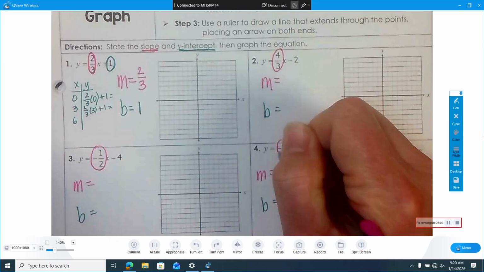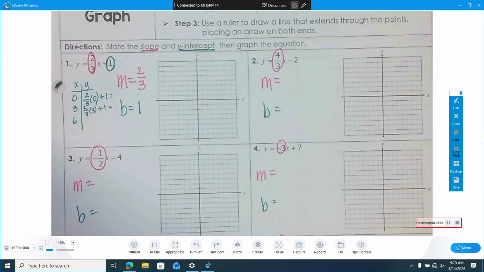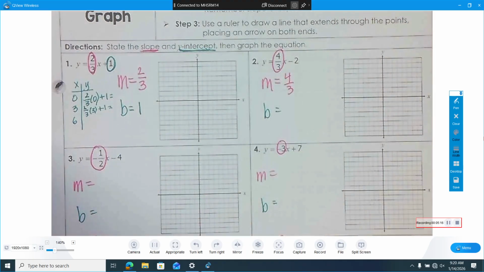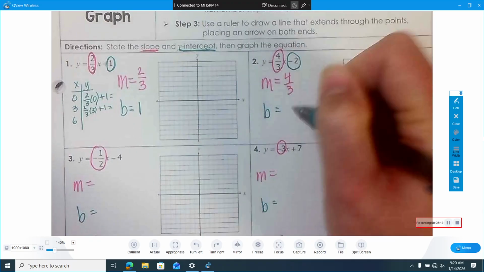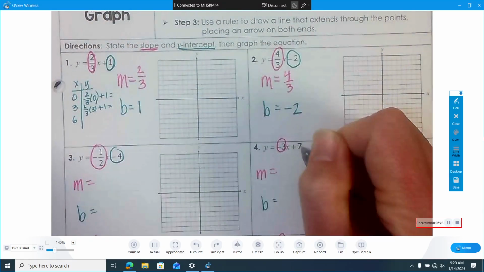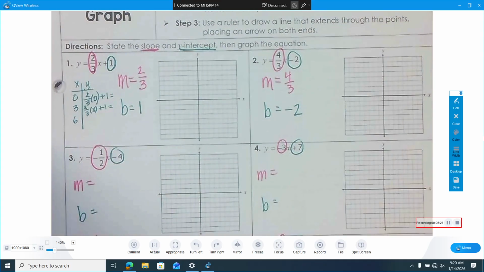All right, I want you to just be able to identify those really easily. What is the m? And what is the b? Write down your m and write down your b for all the 6 problems.